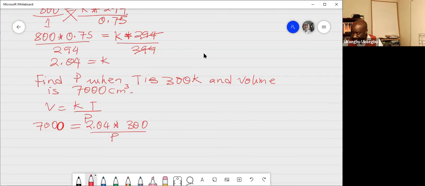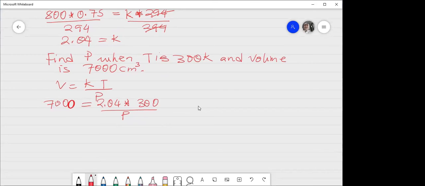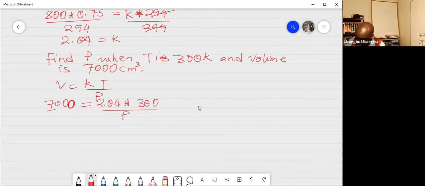So how do we do that mathematically? Explain to me the steps we need to take from this point. You can cross multiply. Thank you. So we still do the cross multiply. That's a very important concept in math. So we just say 7,000 multiplied by P equal to 1 times anything is the same number.